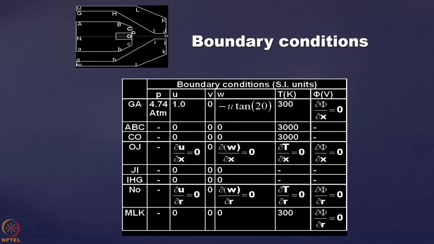You know that the melting point of tungsten is around 3500 degrees Kelvin, so it is well below that, and at that high temperature it can emit very efficiently. So this is the zone where we are applying the boundary condition as 3000. This way we need to apply different boundary conditions for different parameters, looking at the exact system we are studying and what the possible values may be.